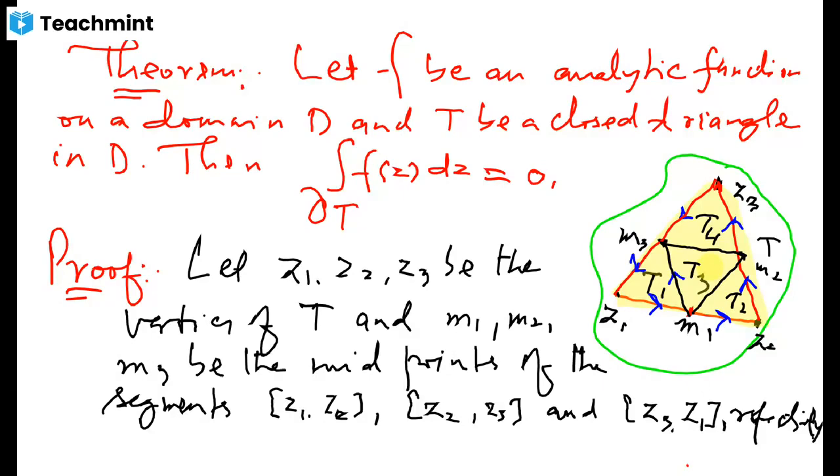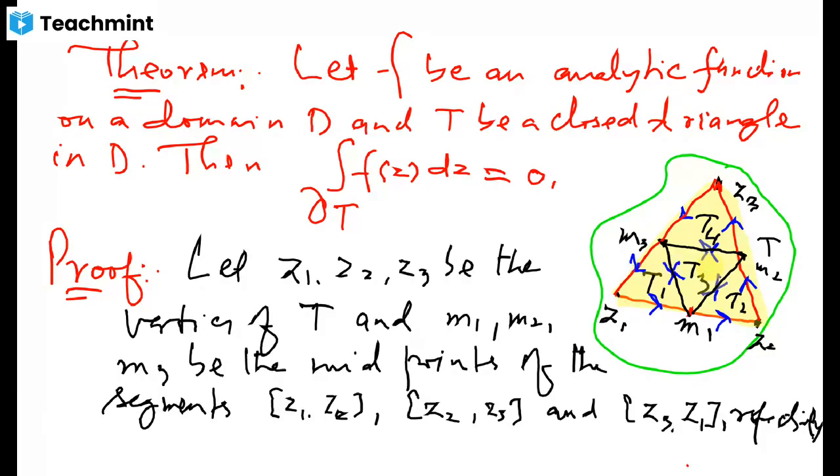And similarly, when you take the integral over T2, you will have this side also being added. And when you take the integral over T4, you will have this side also added. But again, you also take the integral over T3. When you take the integral over T3, look at the orientation now, because the orientation has to be anti-clockwise. When the orientation is anti-clockwise, you will have the direction in this way, and in this way.